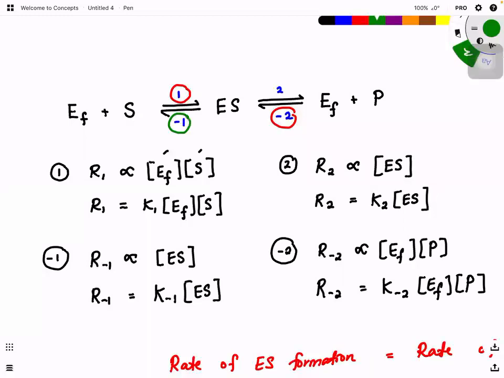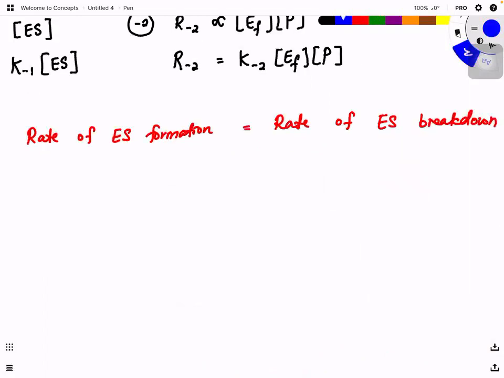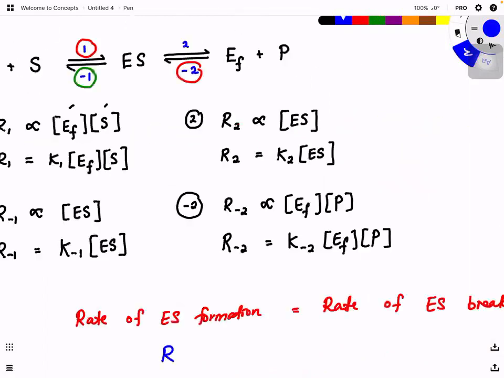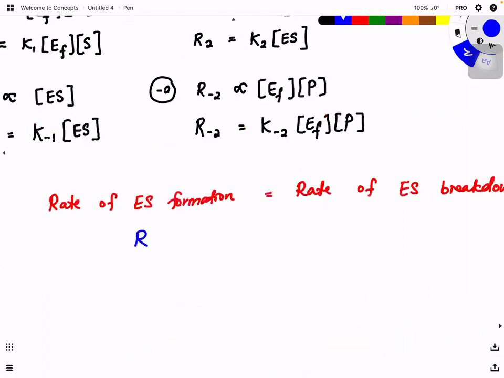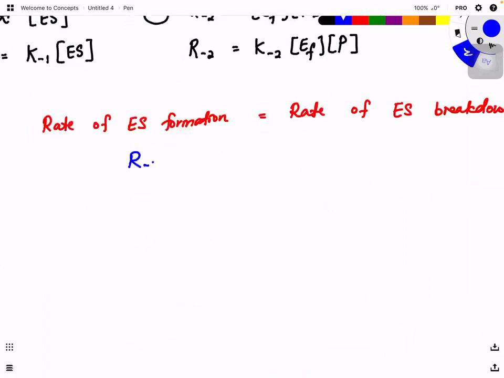Can you see that? So it means that if you want to put it here, we total up. The rate of formation will be number 1 and -2. So rate 1 plus rate -2 will equal rate -1 plus rate 2.